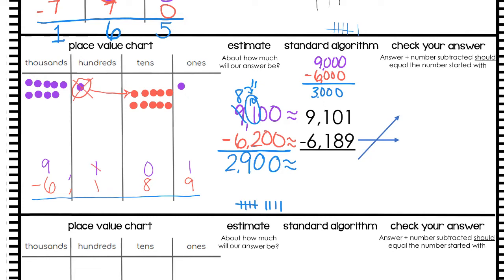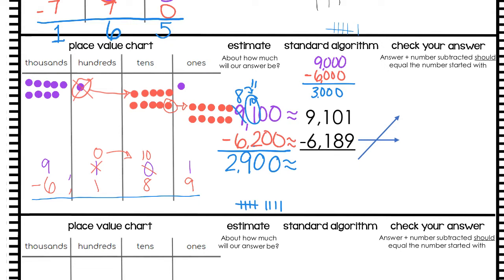So now I've used that 100 and regrouped it into 10 tens. So I no longer have any hundreds. I have 0 hundreds now. But now I have regrouped it into 10 tens. However, I still need to come and subtract 9 ones. So we know that we're going to have to regroup a 10 into 10 ones. 1, 2, 3, 4, 5, 6, 7, 8, 9, 10.